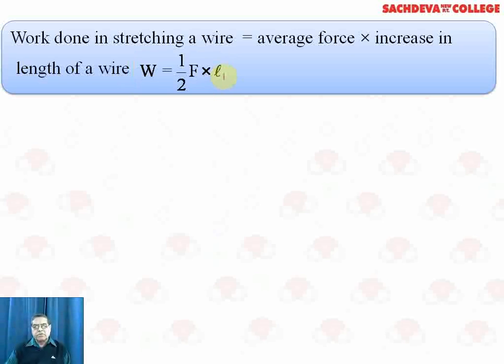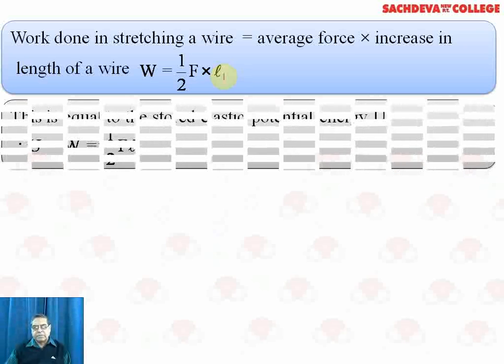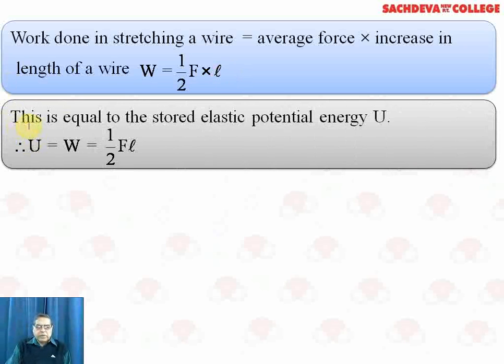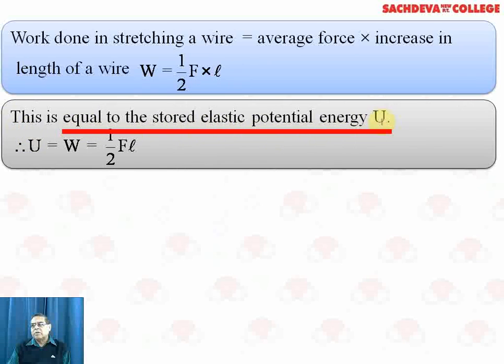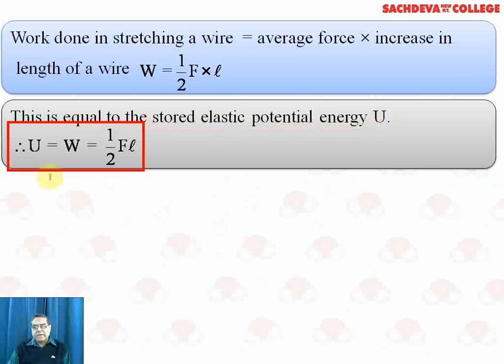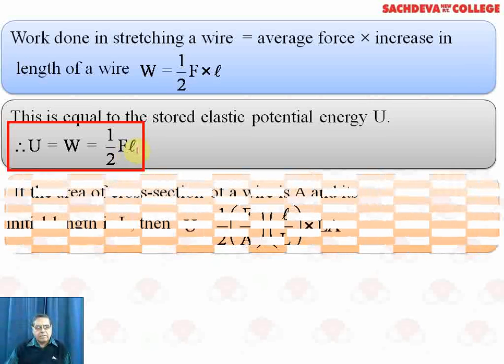So work done in stretching a wire is given by half F into L, where half F is the average force. Now, this work done is equal to the stored elastic potential energy represented by U. So W and U are numerically the same. U is the stored elastic potential energy, and W is the work done which has been stored. So it is given by half F multiplied by L.